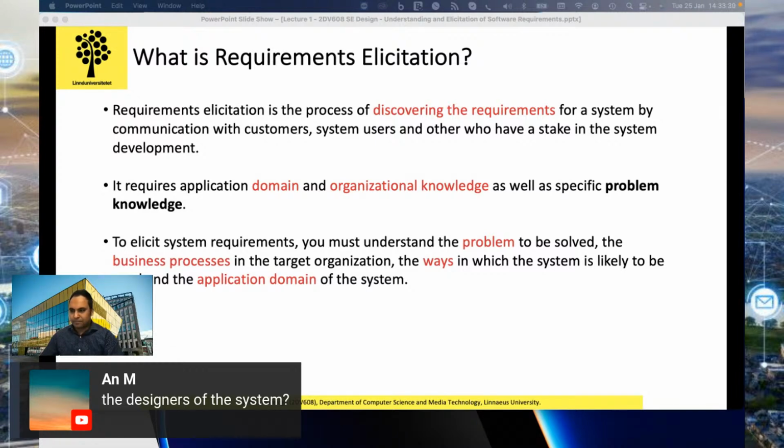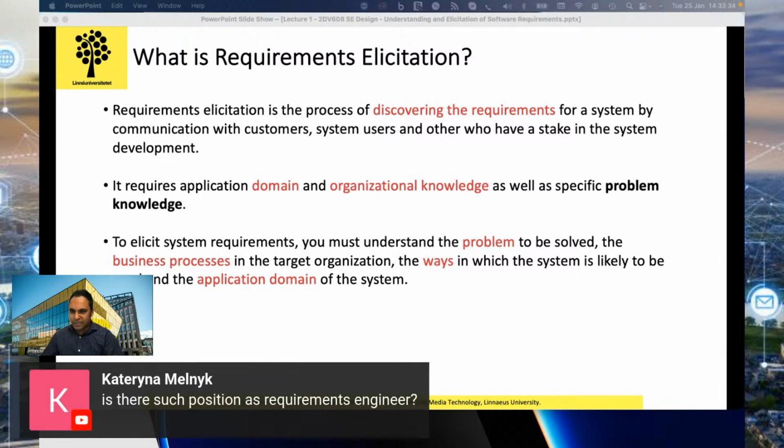Someone was asking an interesting question: is there any such position as requirements engineer? Yes, in large projects where you have hundreds of requirements, you need to systematically manage and organize them.